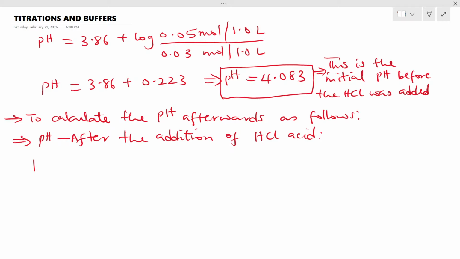Alright, let me do this in another color, say blue.